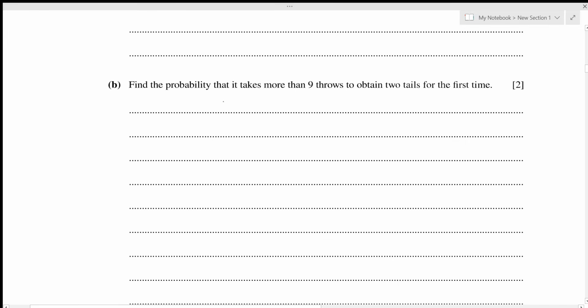Now we need to find the probability that it takes more than 9 throws to obtain two tails for the first time. This just means that within the first 9 throws, there are just going to be failures. Because we need to obtain the two tails for the first time on the throws that are greater than 9, right? Which means that there has to be failures for the first 9 throws.